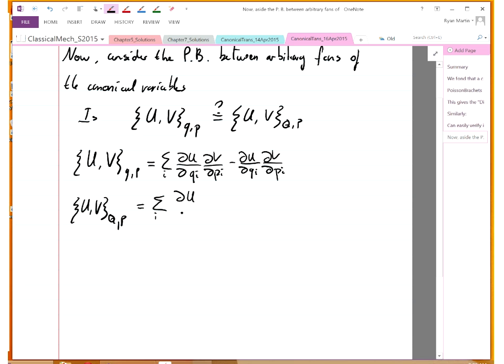So let's start that off as the sum over the degrees of freedom I. I just apply the definition, that's ∂U by ∂Q_I times ∂V by ∂P_I minus ∂U by ∂P_I times ∂V by ∂Q_I. With V they're always capital, I'm not going to keep saying that.